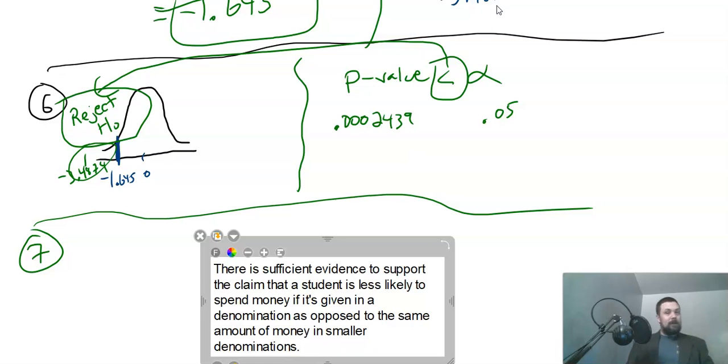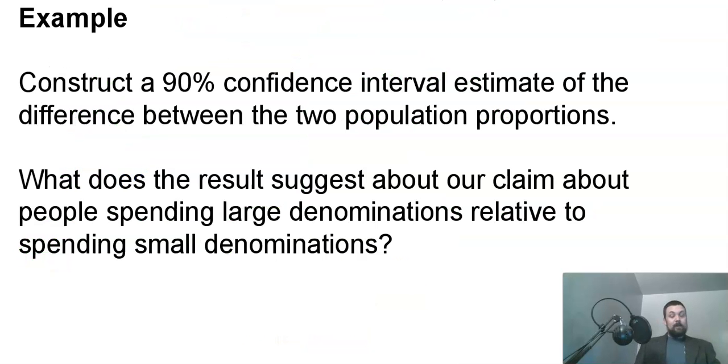All right. Unfortunately, we're not done with this problem because, and this is pretty much how every problem will be in 9.1, they'll present to you a scenario. They will say, test this claim using hypothesis testing. And then they will say, test the claim by constructing an appropriate confidence interval.